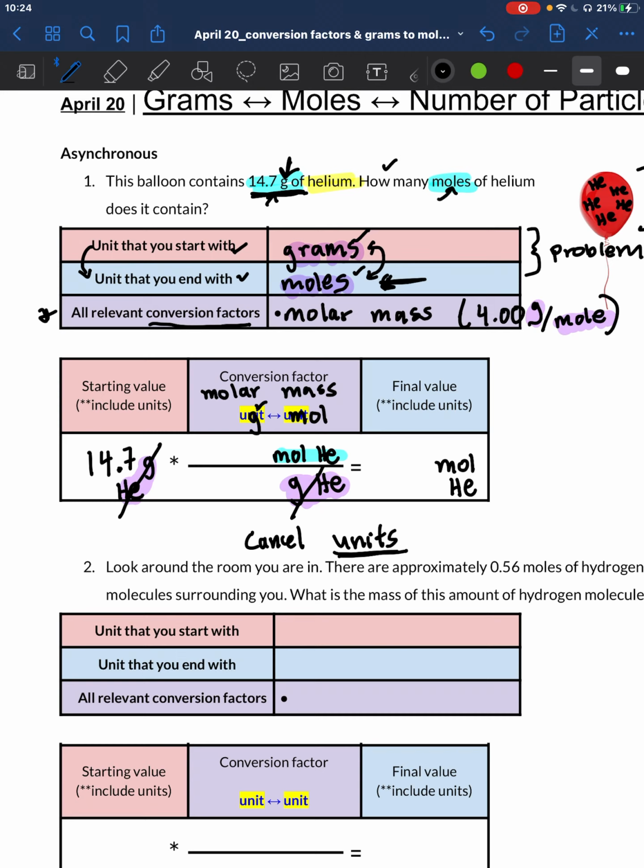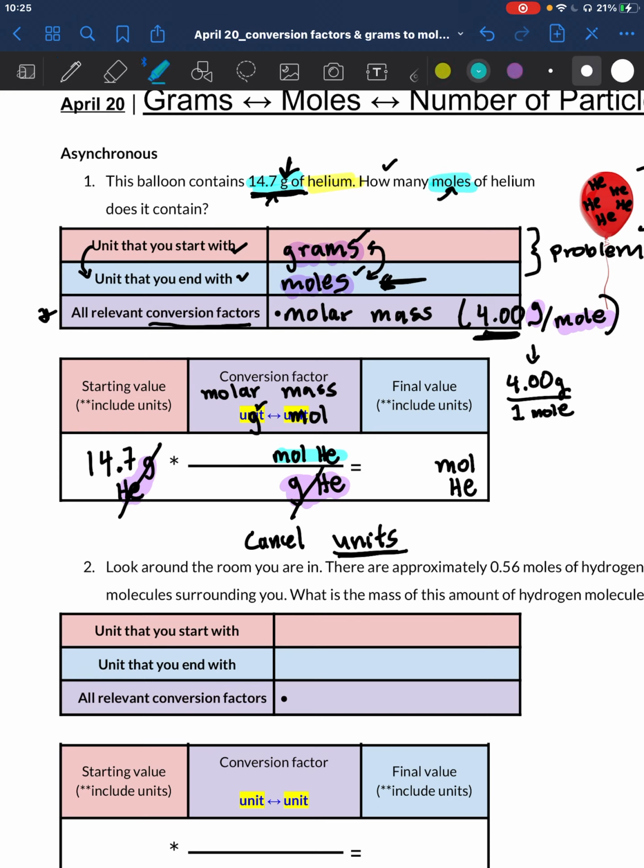All right, so I have this magic number of 4.0 grams per mole. Another way to write that would be 4.0 grams for every 1 mole. So let's see what number goes where.